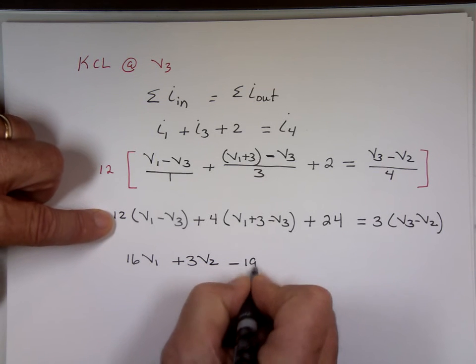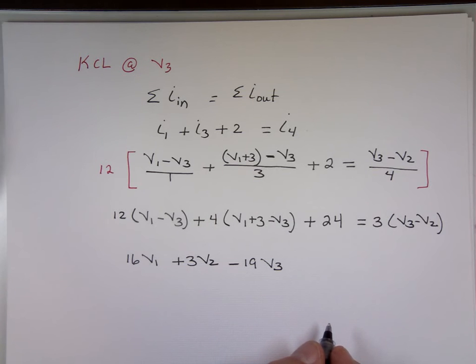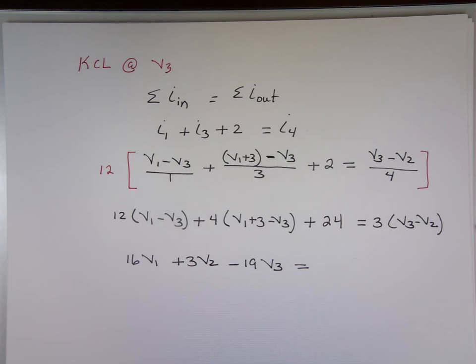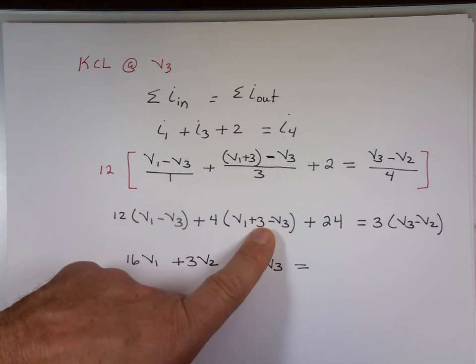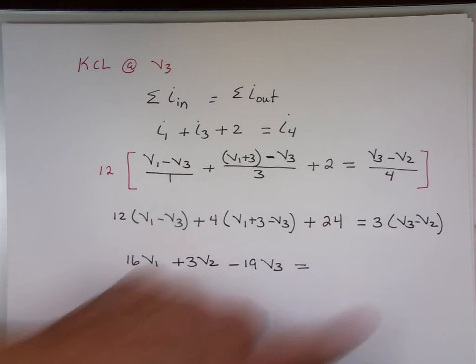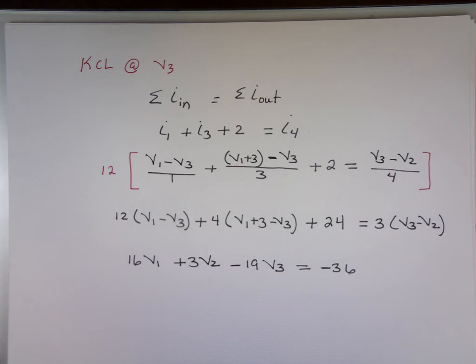Equals 4 times 3, 12, and 24 is 36. Move it to the right side, negative 36. And there's my third equation.